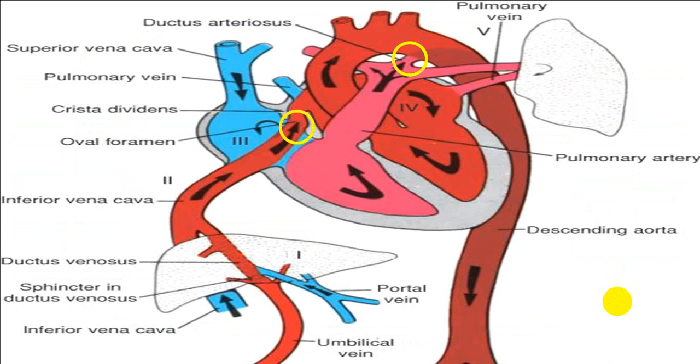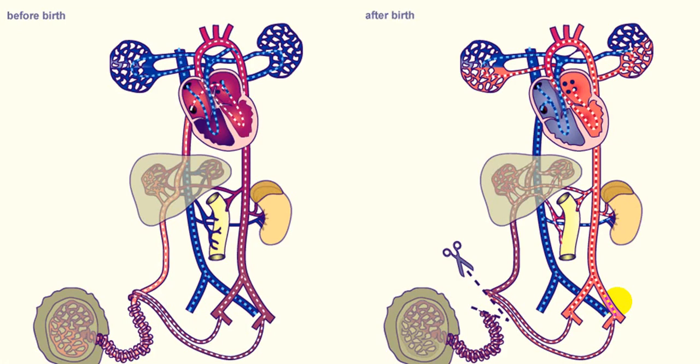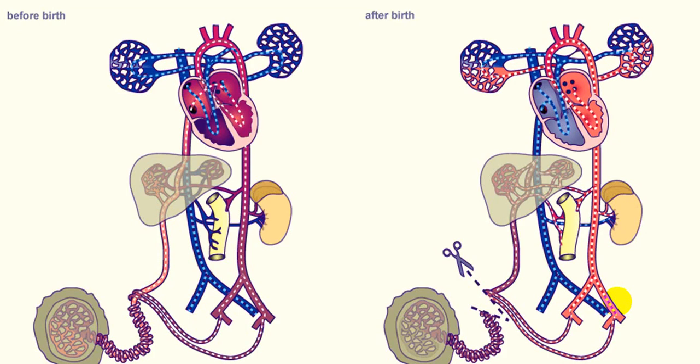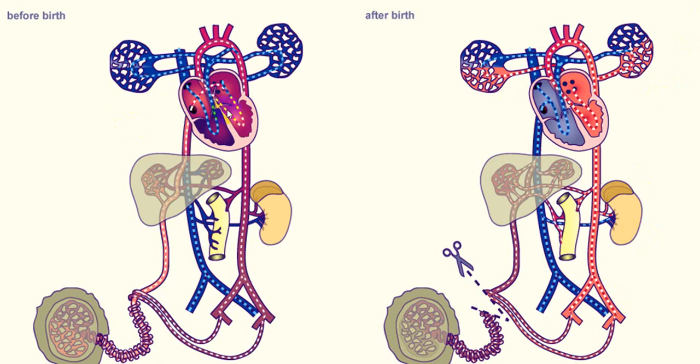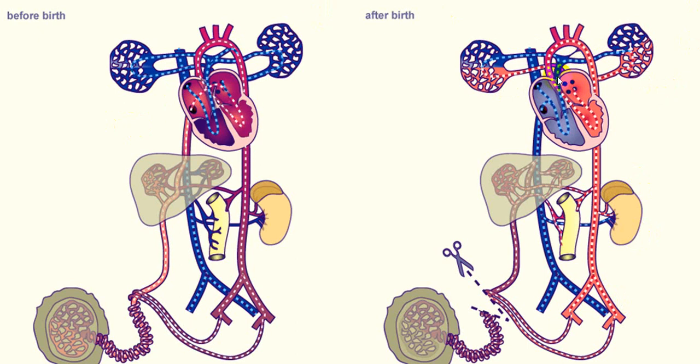And once the child is born, this too will close. Very rarely you have an interventricular septal defect which will be showing. This is again a diagrammatic way showing you before birth and this is after birth. You know that now. See here, the foramen ovale is closed and the duct is closed here.